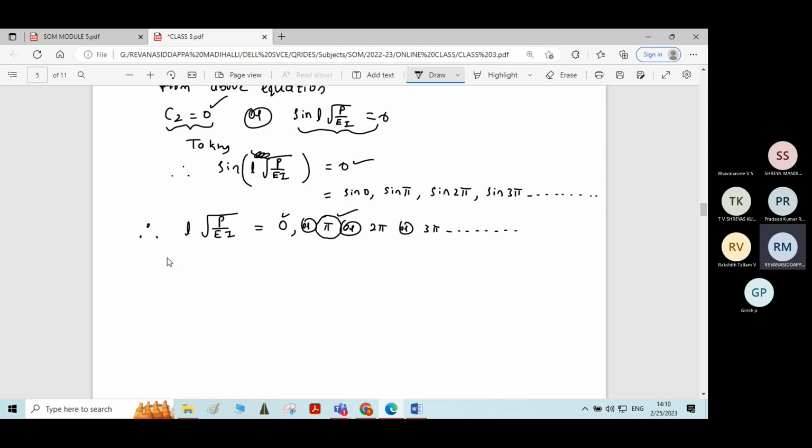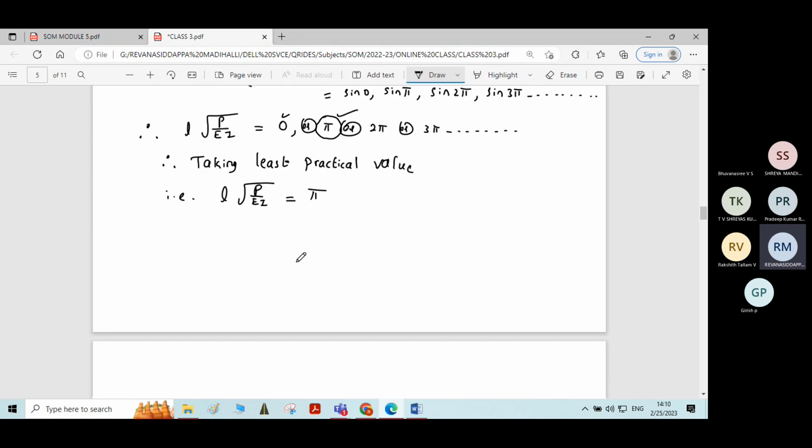Therefore, taking the least practical value, that is L root P by EI is equal to pi.